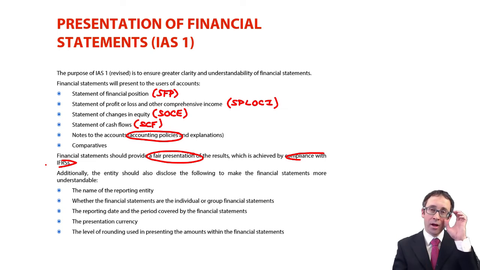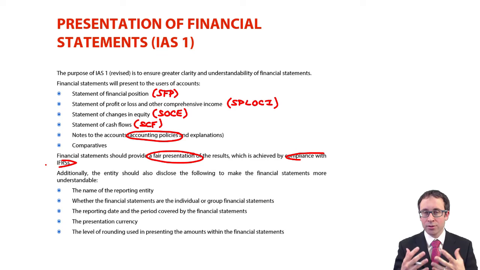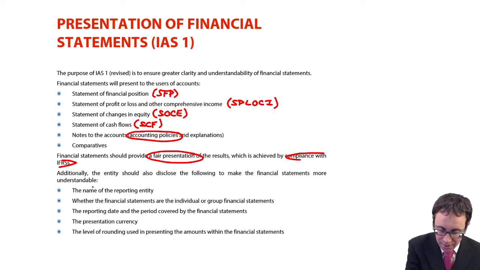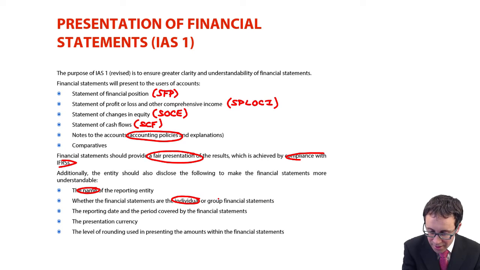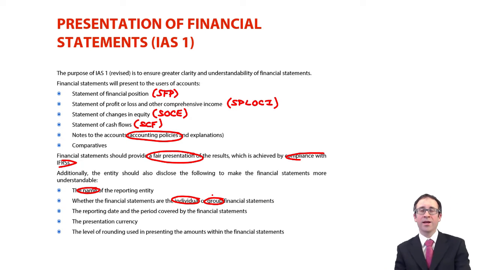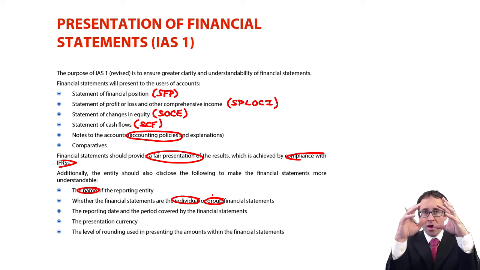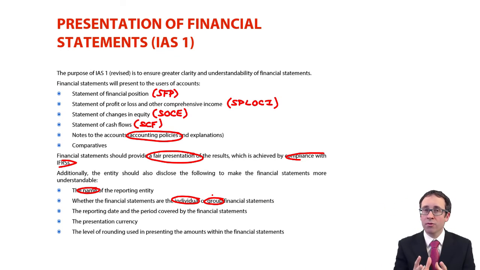When you're helping the users to understand what is happening with this business, you also need to disclose the name of the entity, and whether it's the individual or group financial statements. That's going to be important to help the user of the accounts know what assets and liabilities and income and expense it's looking at. Is it just for the parent company or is it for the entire group?